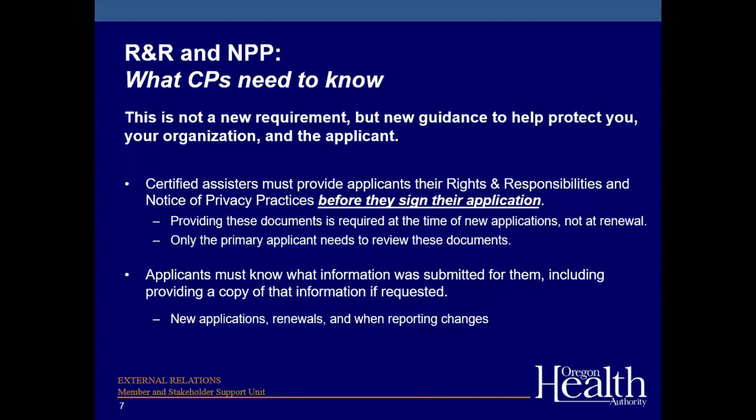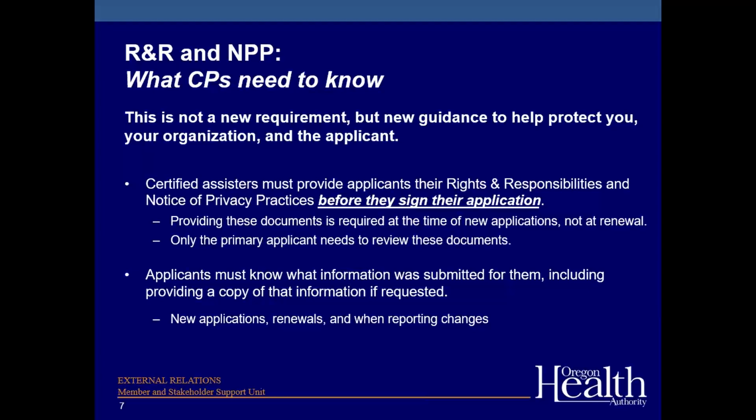Now, something to know is that these documents are required at the time of new applications, but not at renewal, and only the primary applicant needs to review them because that is the person who's signing the application. And ultimately, the other piece of this that goes along with it, and we'll talk about it at the end, is that applicants must know what information was submitted for them because they need to know if they need to submit any corrections or any changes.